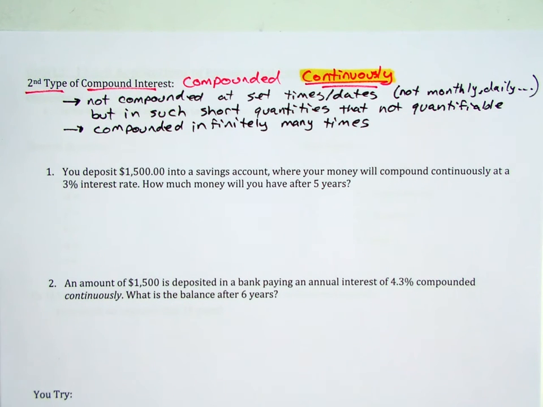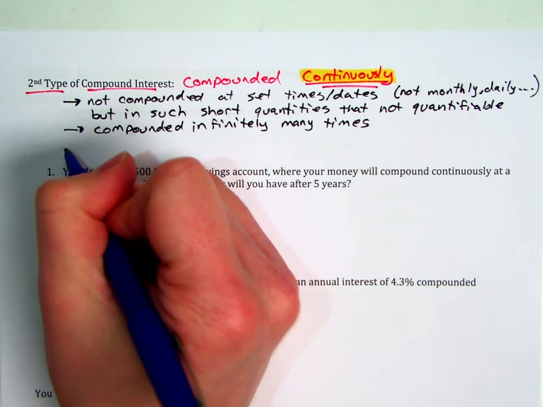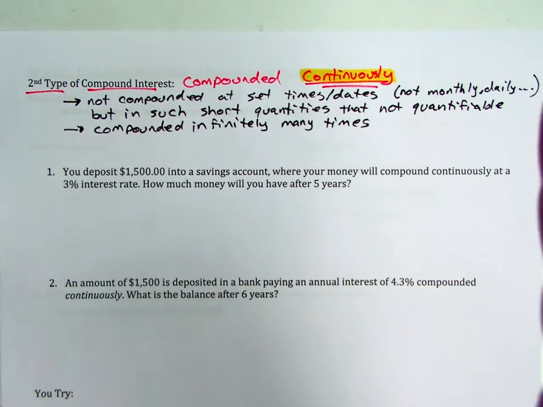So in order to account for that infinitely many times, we use the number e, which we already talked about before. That's what e is used for. It's talking about compounding continuously, and it's really used mostly in financial problems.